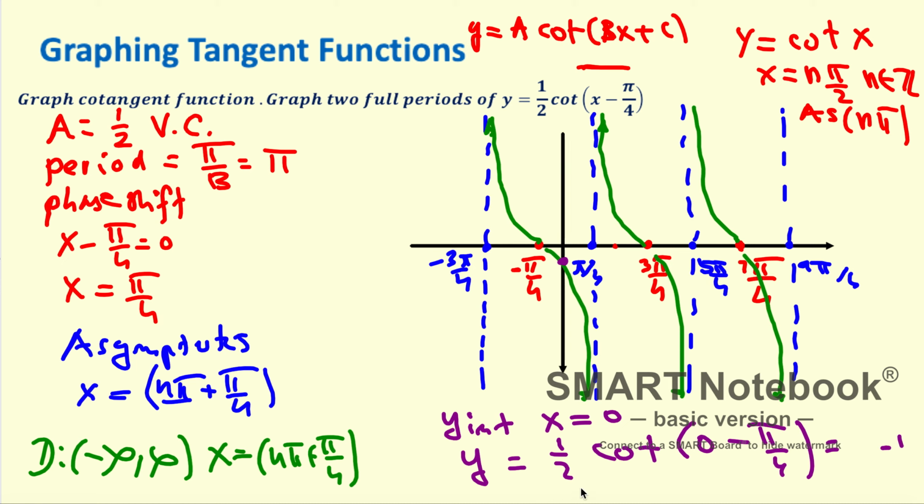But we already have this 1.5 in front, and multiplying minus 1 times 1.5 gives minus 1.5. So this point is x equals 0 and y equals minus 1.5. This is the y-intercept. And the range of the cotangent function is from minus infinity to infinity.